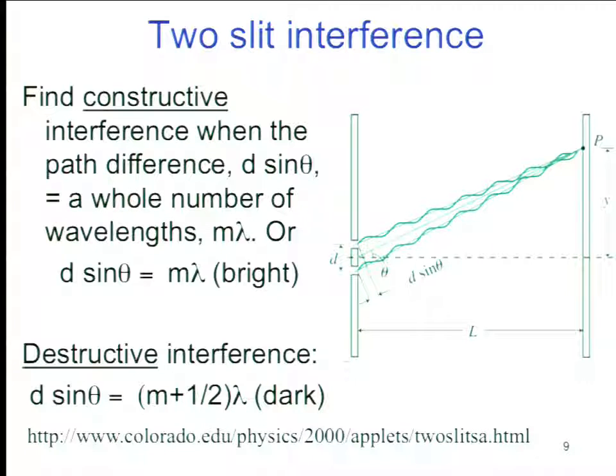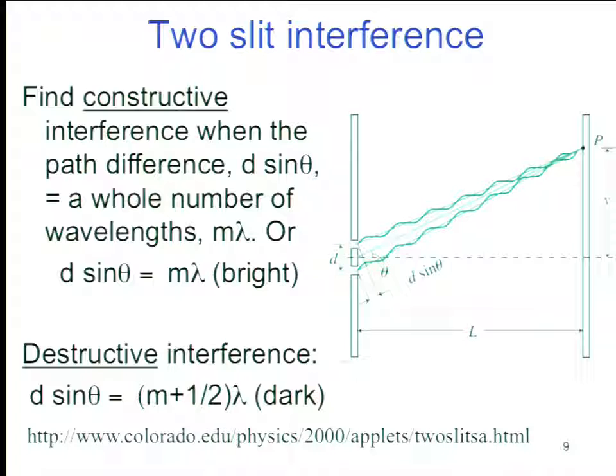You have an obstacle here, and if we just have two openings, and we have just a plane wave coming into this obstacle here, what we want to do is say that this Huygens wavelet is going out in every direction. So let's just take from the middle of the slit to some point up here on a screen. And let's just calculate the extra path length, let's say delta R, that one wave travels compared to the other.